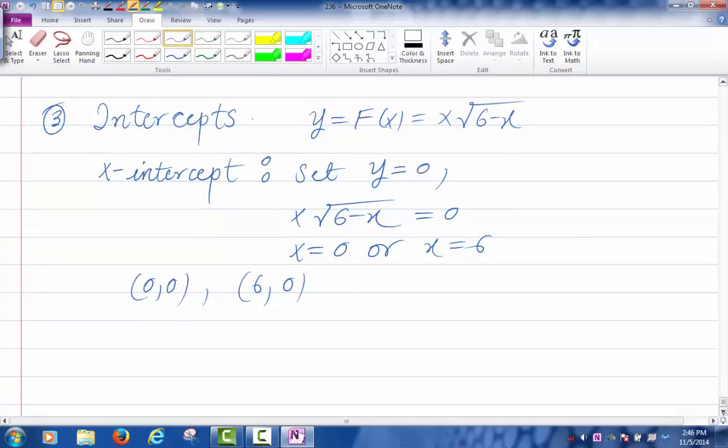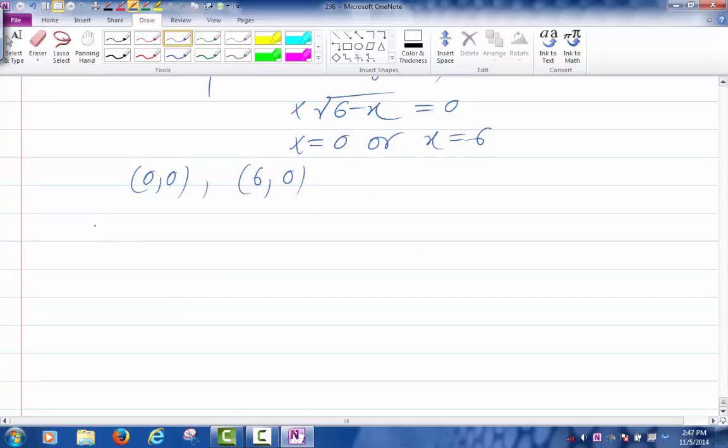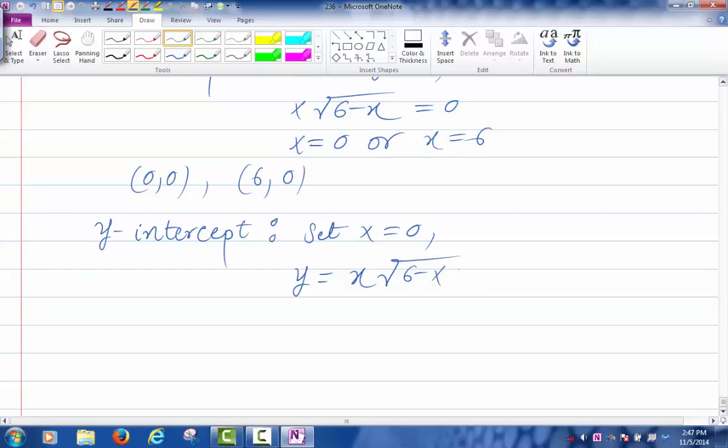What is the y-intercept? How do I find the y-intercept? Very good. So I set x to 0, and then y is equal to x times root of 6 minus x, which will also be 0. So the only y-intercept is (0, 0).